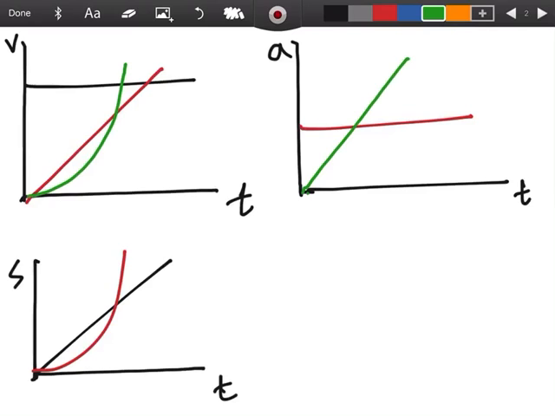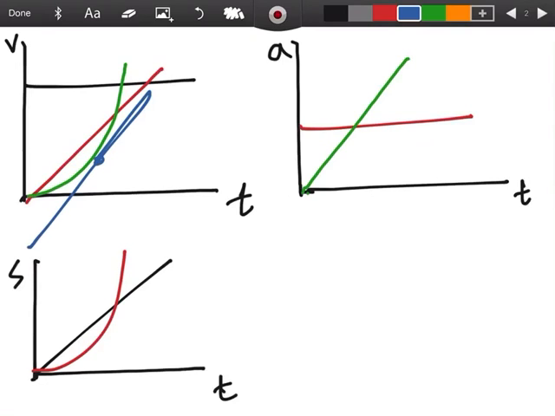So we're going to have to use differentiation. You should be very familiar with differentiation. You should have done it in higher mathematics. So I'm going to draw a line tangent to the curve here. That's good enough.